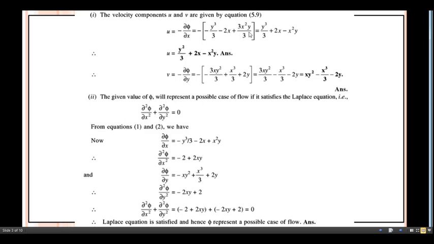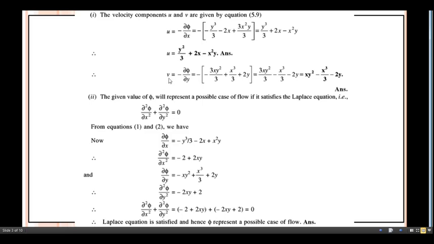After multiplying this minus sign to the inside terms, what do you get here? y cube by 3, plus, since minus times minus becomes plus, 2x will come here, then minus x cube y by 3 where the 3 gets cancelled, so x square y will remain. So this is the relation for the velocity component along the x direction: u equals y square by 3 plus 2x minus x square y.